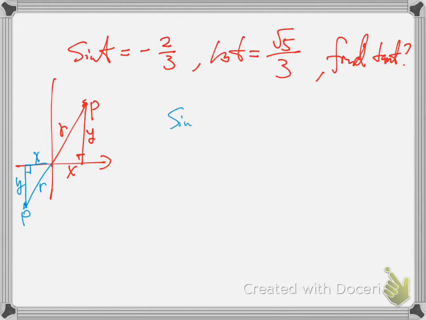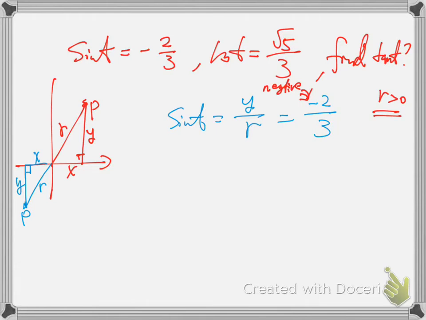So again, use the definition. Sine t is y over r, which is negative 2 over 3. We put the negative sign on top because r is always positive. R is the hypotenuse, the length, so it's always positive. The numerator is negative.